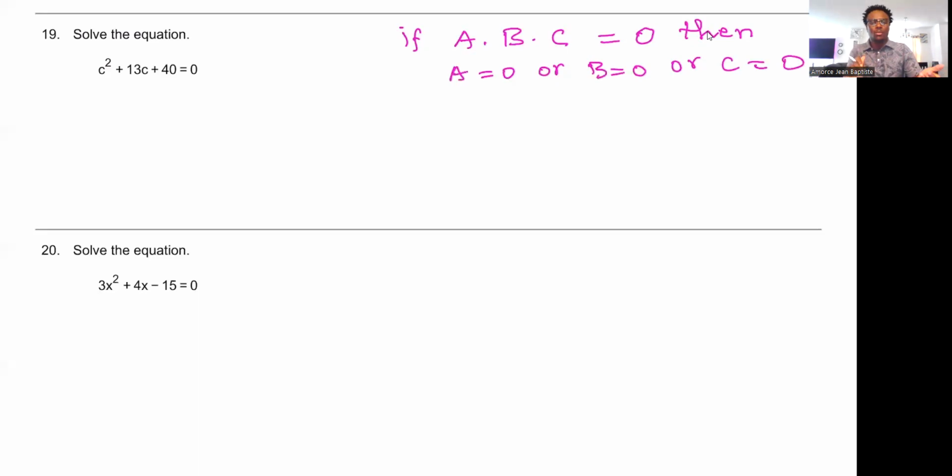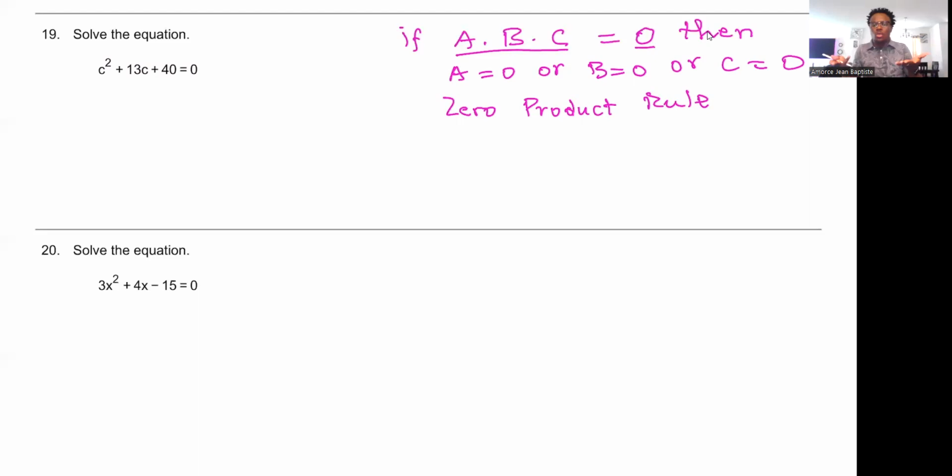But two things are important, because this is called the zero product rule. It means that you need a factored form of your expression on one side and a 0 on the other side. So that means my equation should be on one side a factored expression, and then on the other side a 0.